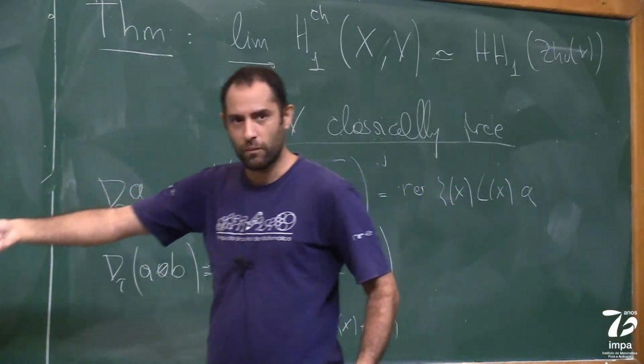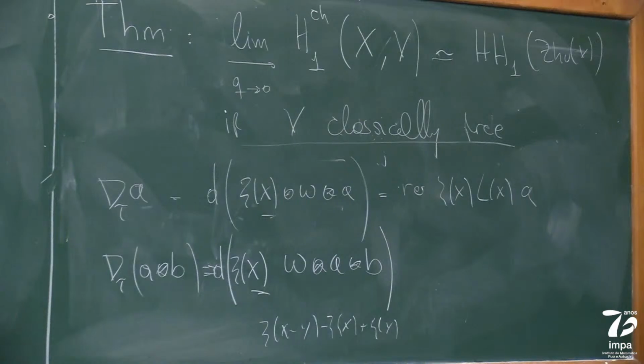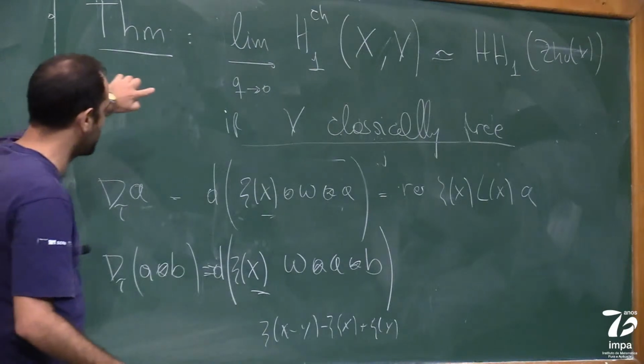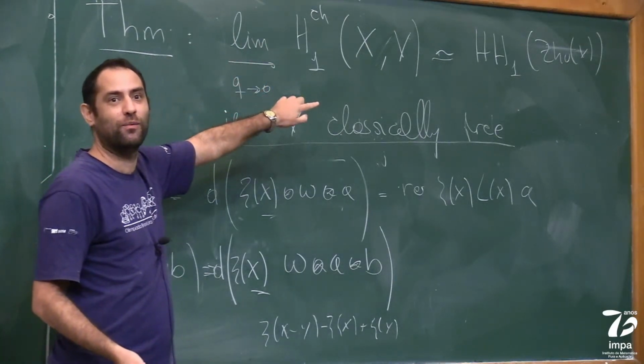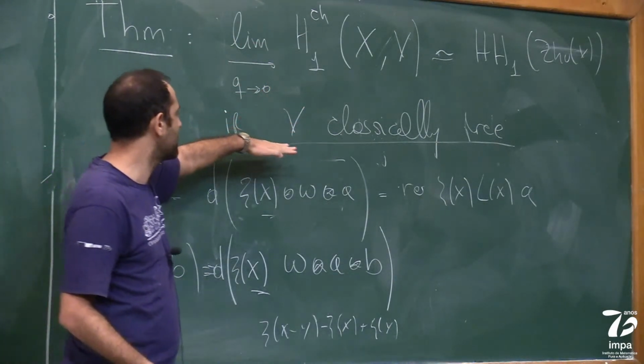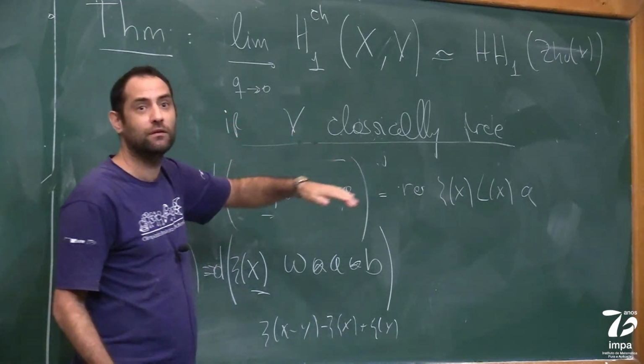And now we know that we have this connection, and with this connection, we can extend it inside. But we do not know how to prove for rational vertex algebras that the nodal curve limit has vanishing chiral homology, because we cannot get rid of this condition of classical freeness.